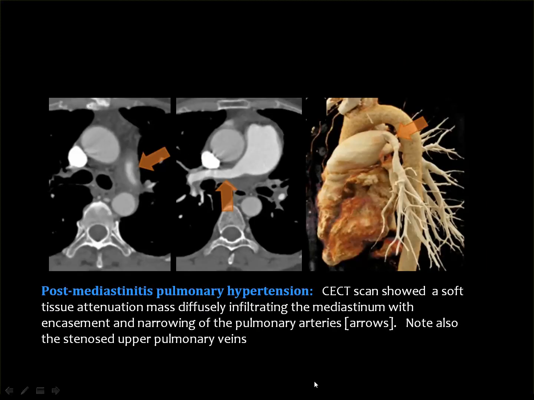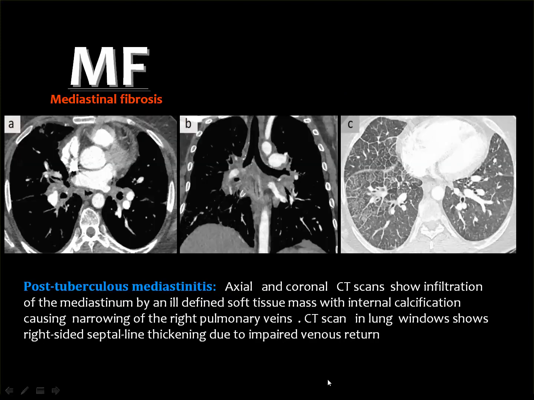And sometimes inflammation in the mediastinum in general may heal by fibrosis, and this fibrous tissue may encase the pulmonary artery branches, resulting in significant narrowing, which will be reflected on the main pulmonary trunk in the form of considerable dilatation.